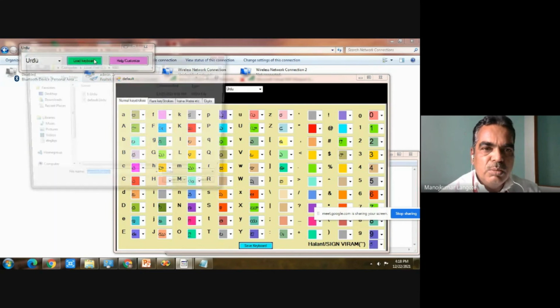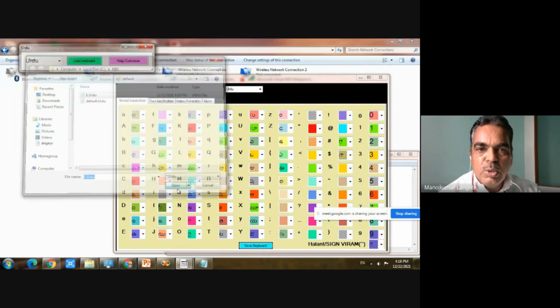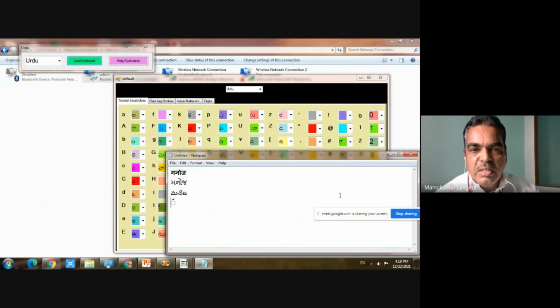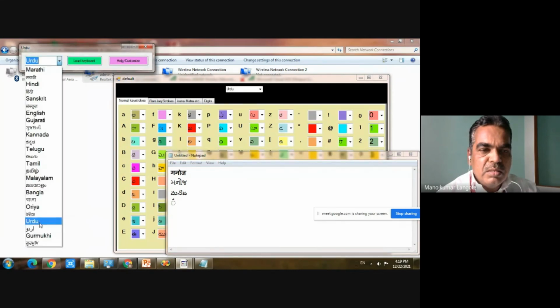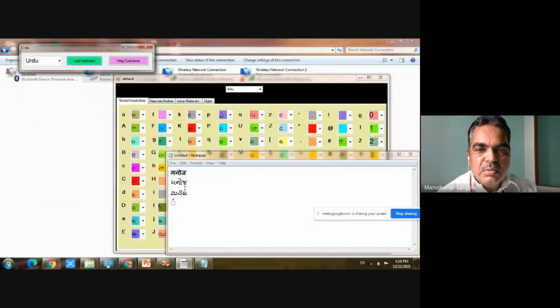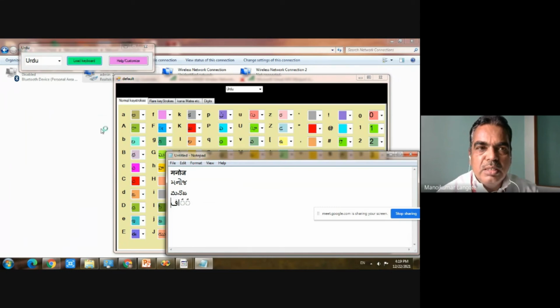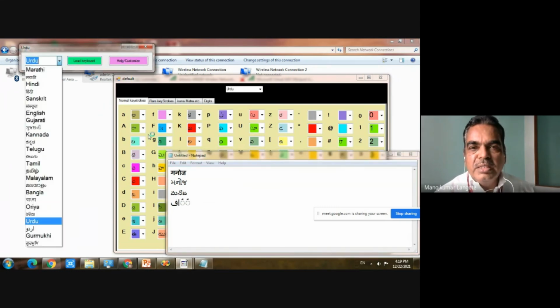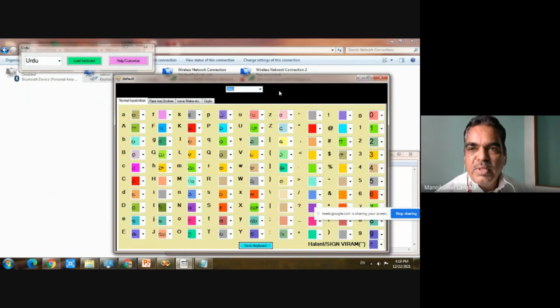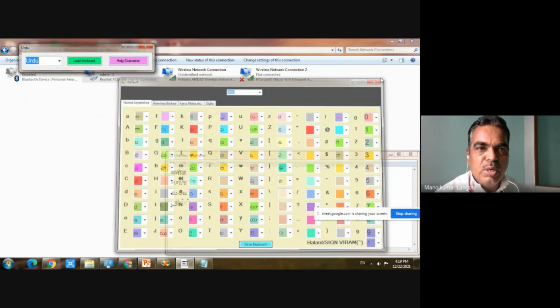Here I will load this 1.p, and now I will press P here. Here you can see the Urdu keyboard. So by customizing the letters, you can design your own keyboard and use it. So this is all about my software.